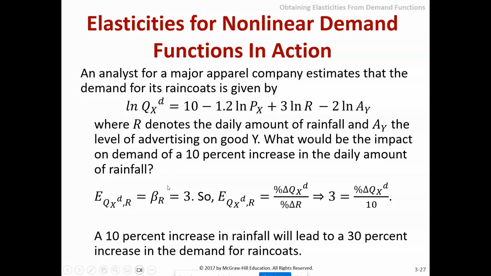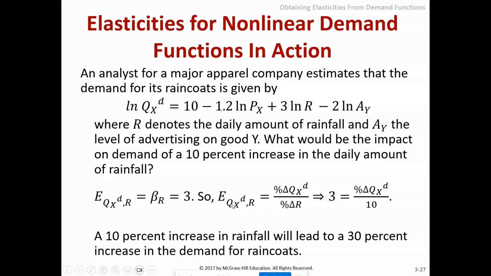Okay, the 10% increase in daily amount of rainfall, R over here. Both quantity and rainfall are in natural log, so the elasticity of quantity demanded for raincoat with respect to rainfall is the coefficient in front of it, beta R, 3.